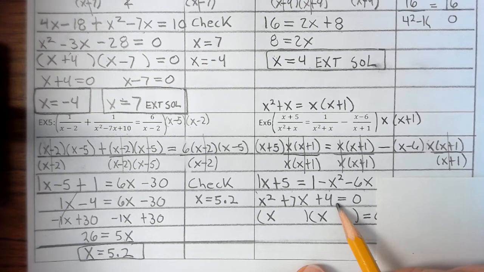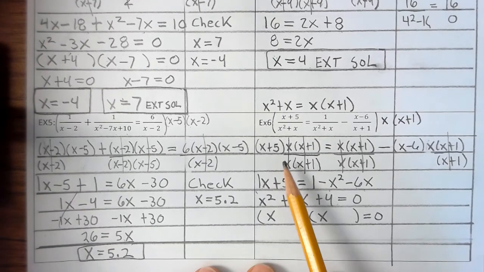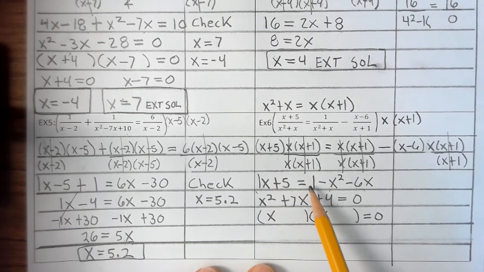And let me check something. I think my math might be wrong. Let me double check here. So we have x plus 5 equals 1 minus x squared.